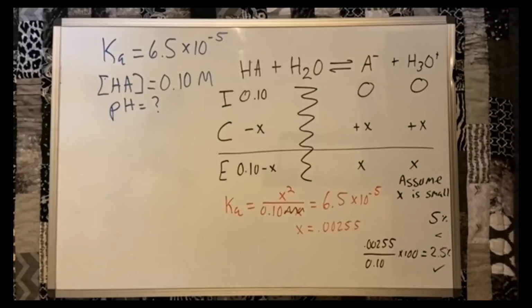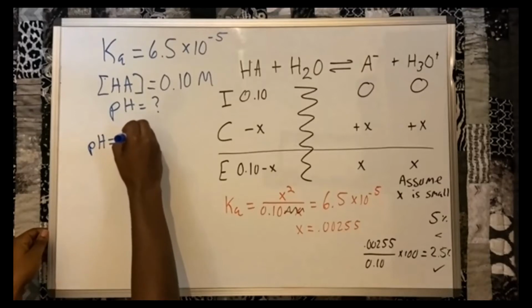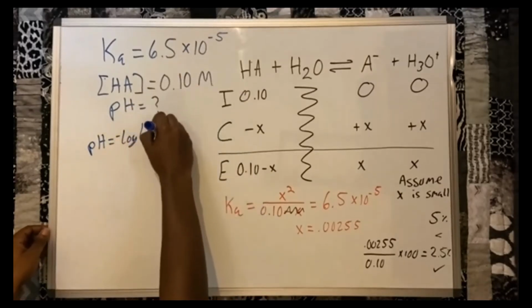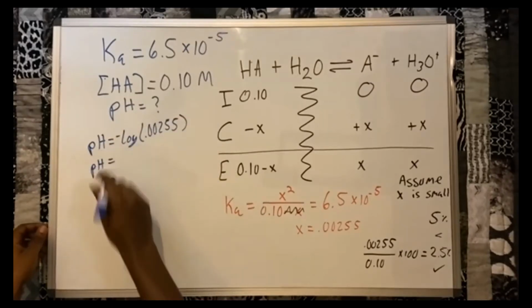And since this is an acid, we can just plug it into negative log of our x. Correct. So just take negative log, so pH equals negative log of 0.00255. So pH is what?